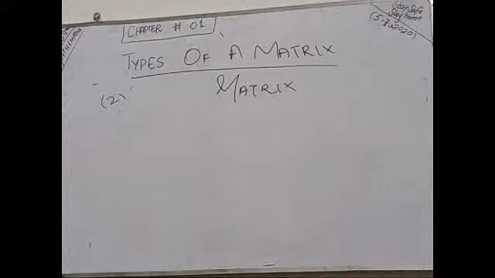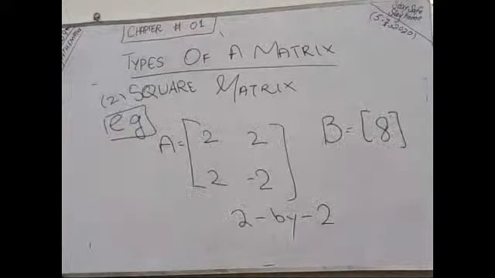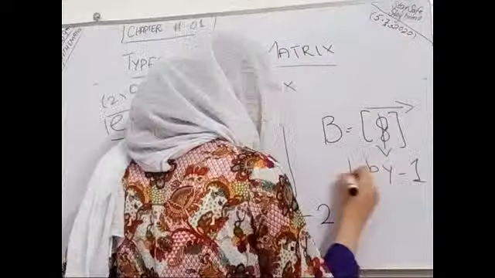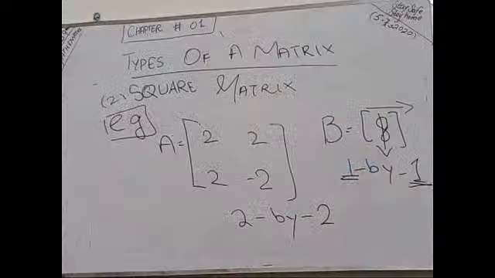Let's take another example B. It has one row and one column. So it means that number of rows are equal to number of columns, and this is also a square matrix.